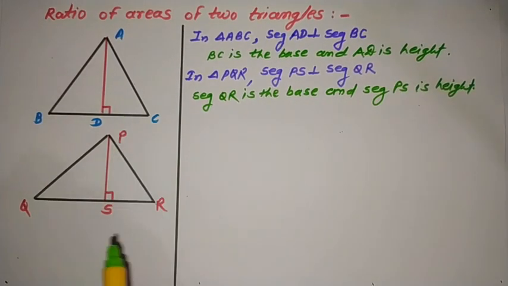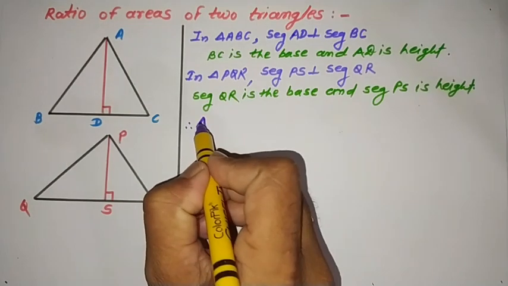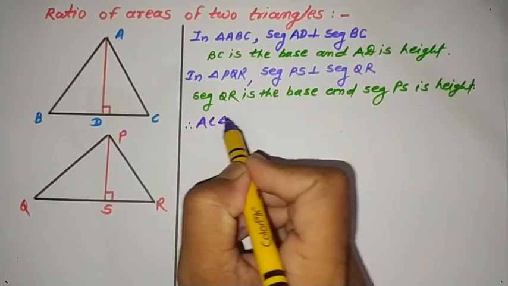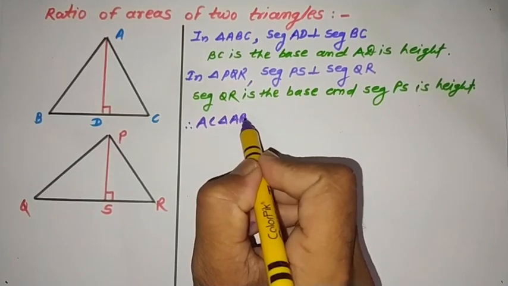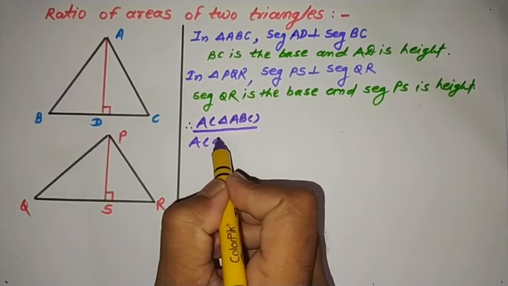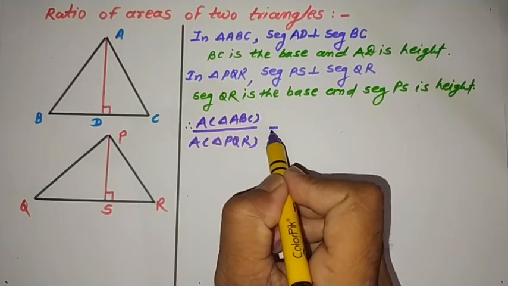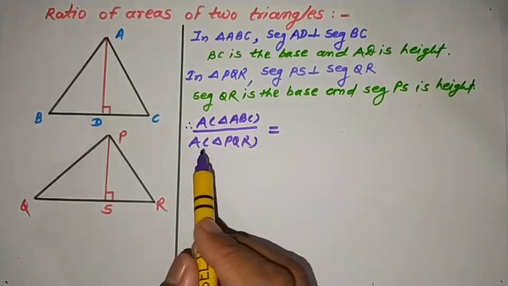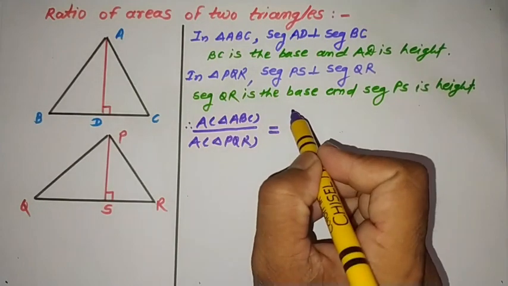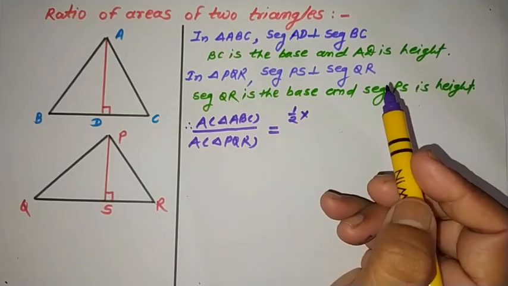Write down the ratio of the two triangles. Ratio of two triangles: area of triangle ABC upon area of triangle PQR. We know that the formula of area of triangle ABC is 1/2 into base into height.